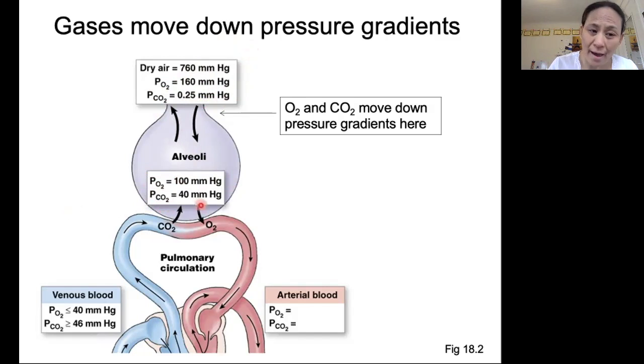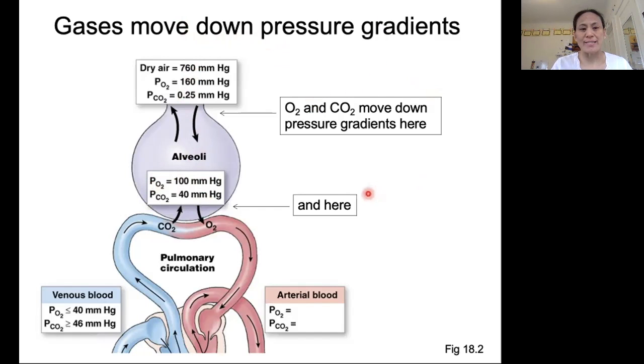PCO2 in the alveoli is 40 millimeters of mercury. Hence, CO2 is going to move out of the alveoli into the atmosphere following its pressure gradient. Okay, so this is how we get oxygen into our alveoli, and this is how we get CO2 out of our alveoli.